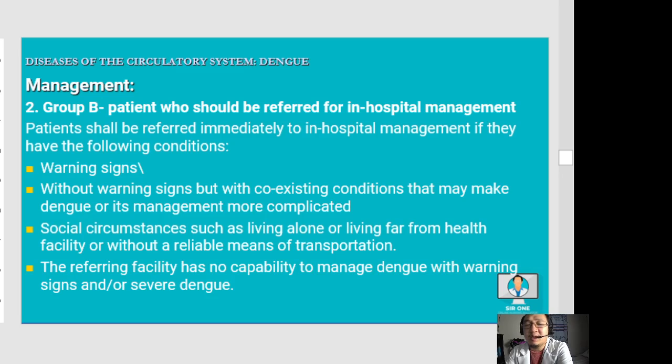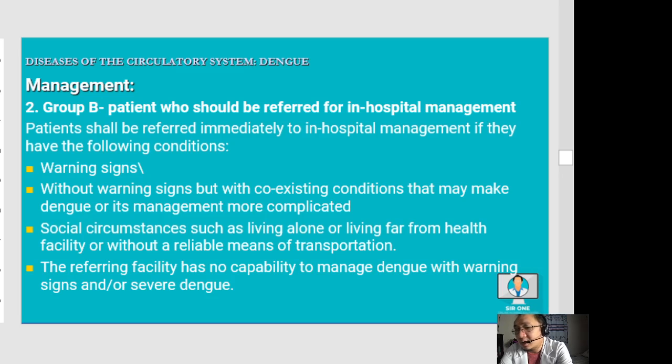For Group B, these are patients who should be referred for in-hospital management. These patients shall be referred immediately to in-hospital management if they have the following conditions. They have the warning signs, especially the presence of bleeding. These are patients without warning signs but with coexisting conditions that may make dengue or its management more complicated. Social circumstances such as living alone or living far from the facility or without reliable means of transportation.